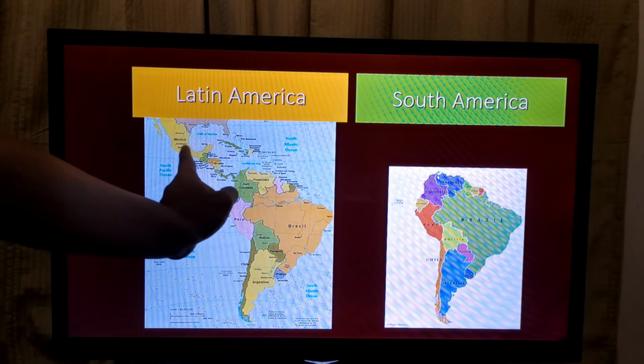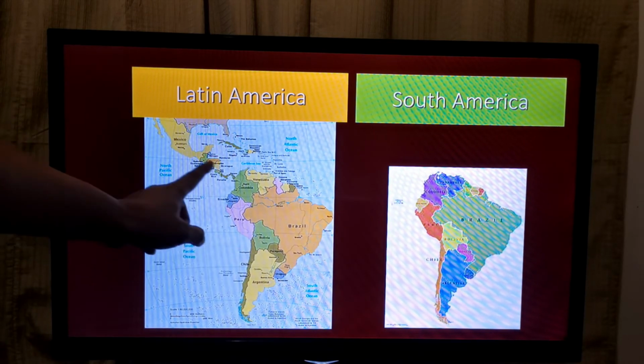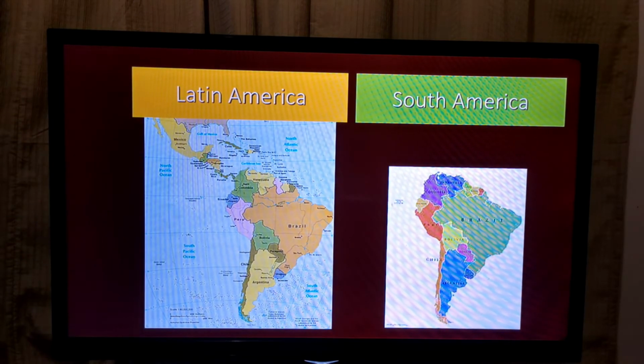And it's one continuous piece of land together with South America having the same culture and language. They speak Spanish and Portuguese. And this, they say, are Latin languages. Okay? And so they are called Latin America.